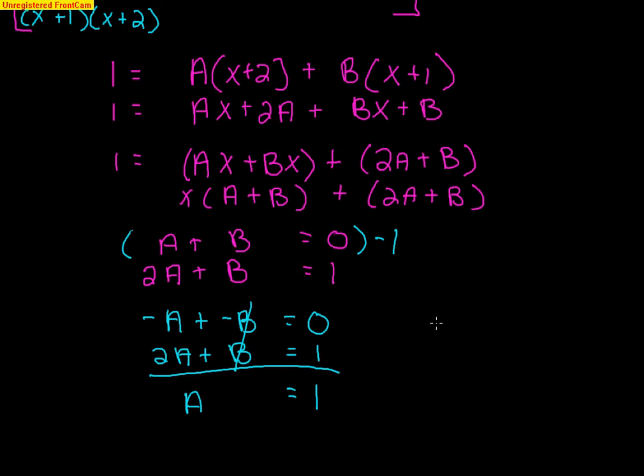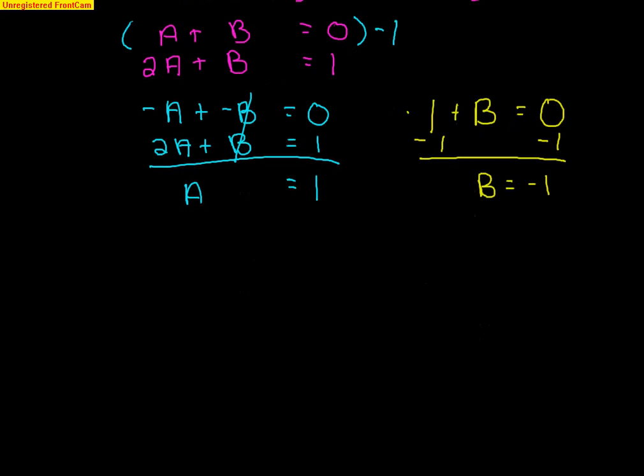So let's plug it back into the first one. So we have 1, positive 1, plus b equals 0. So now, because we're solving for b, we're going to subtract 1 from each side, and we get b equals -1.